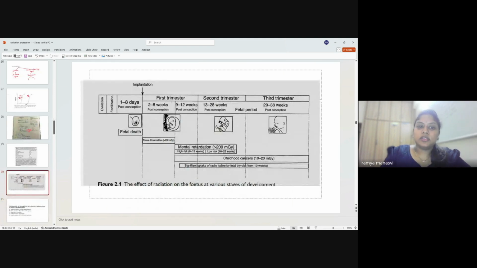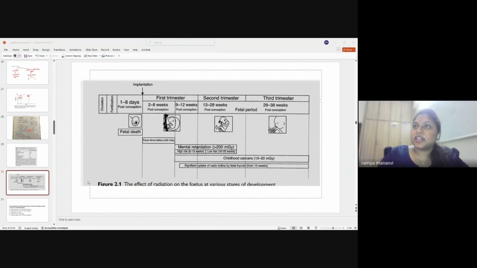So what happens in pre-pregnancy and pregnancy? Whenever there is ovulation or fertilization, even if there is irradiation, then there will be no problem. Even post-conception 1 to 8 days, if there is irradiation, there are chances of fetal death.